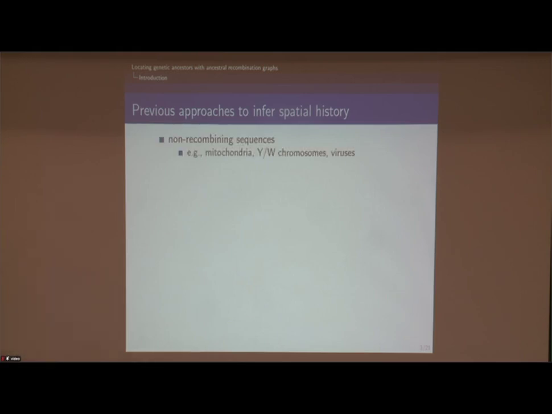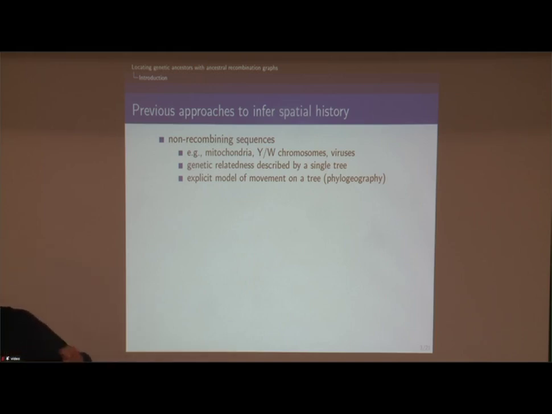So there are a bunch of approaches that people have used to infer the spatial history from genetic data. One is to think about non-recombining sequences, right? We can think about a mitochondria, parts of a sex chromosome, some viruses. And in that case, genetic relatedness of the sample is described by a single tree. And that is very useful because we can have an explicit spatial model on that tree.